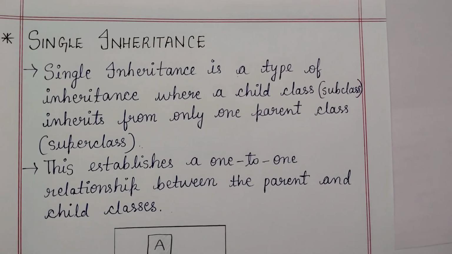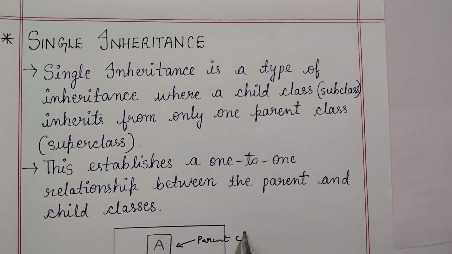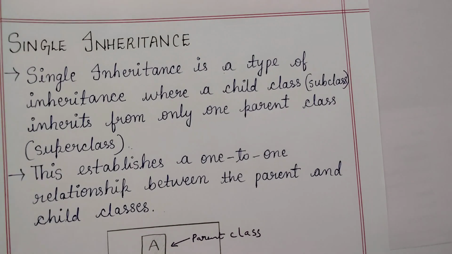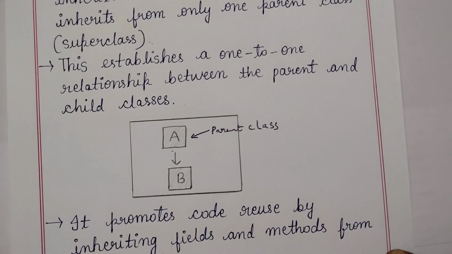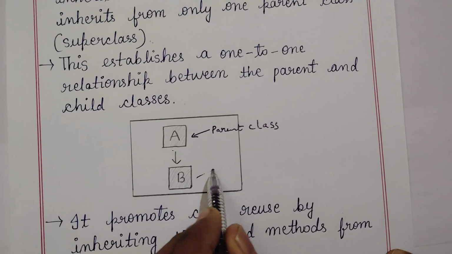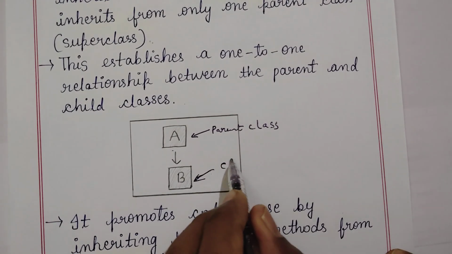Here A is considered as a parent class, and B is considered as a child class.